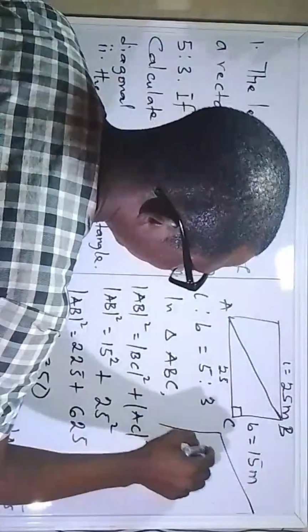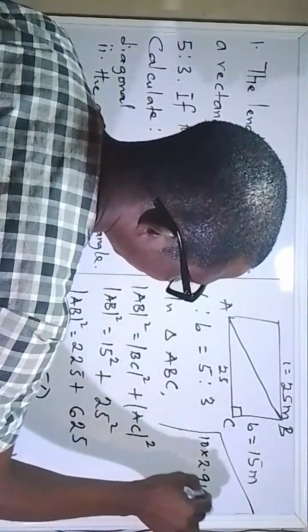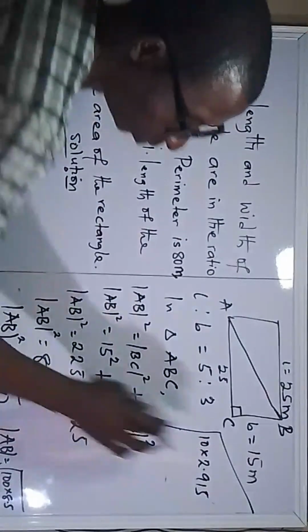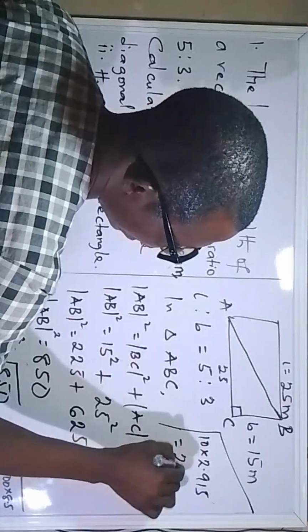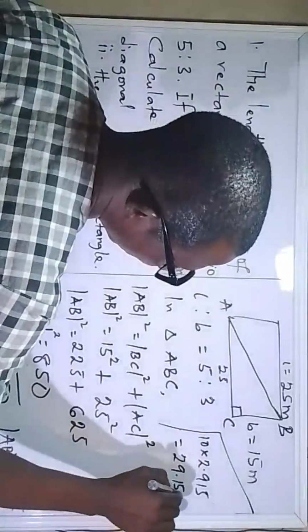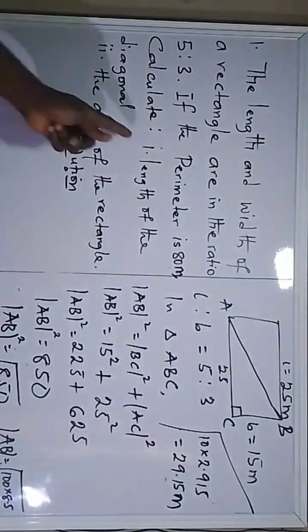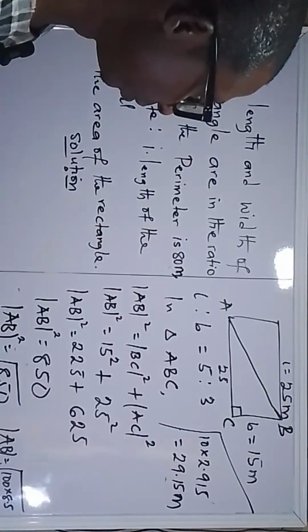So that will be 10 times 2.915. When you multiply, you have 29.15 meters. So that is going to be the diagonal of the rectangle.